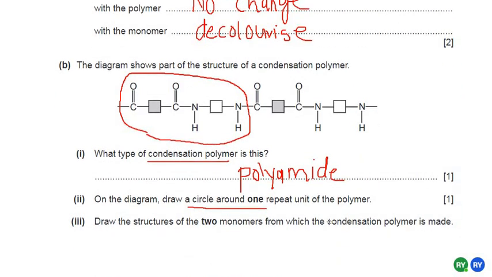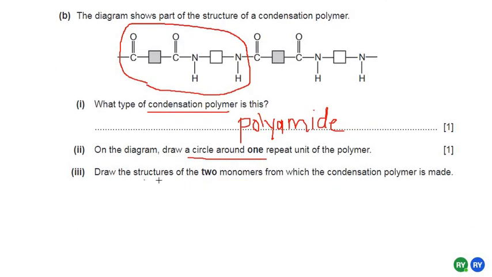Now in the next question they are asking, draw the structure of the two monomers from which the condensation polymer is made. So I am going to make the two monomers here. This is my colored one, so I am making it in this way, and there is a dicarboxylic acid, so C double bond O, OH.